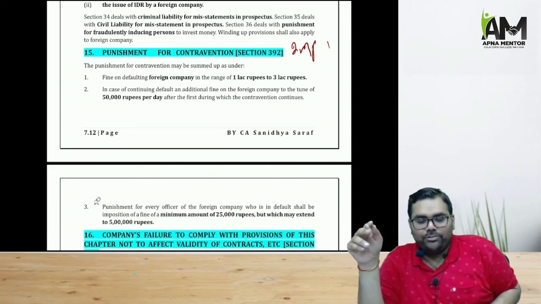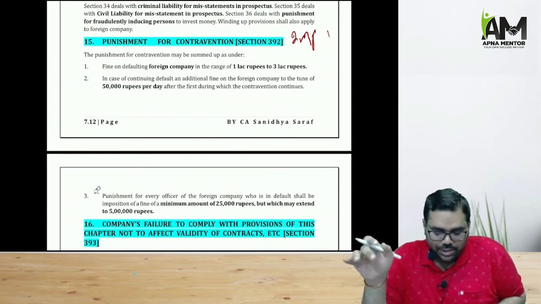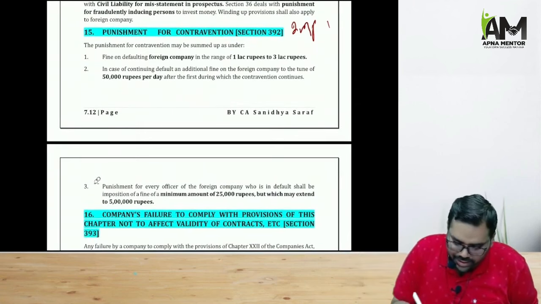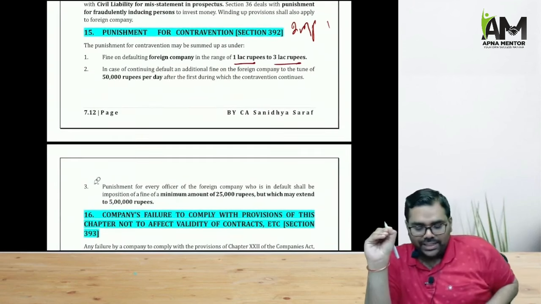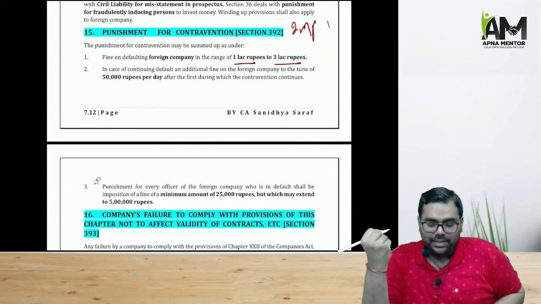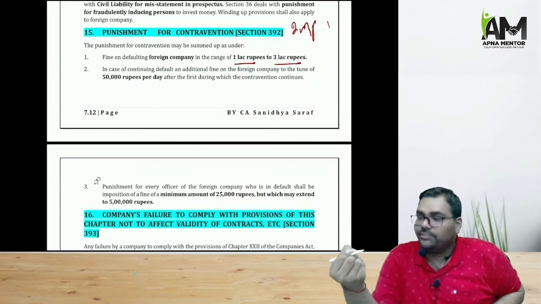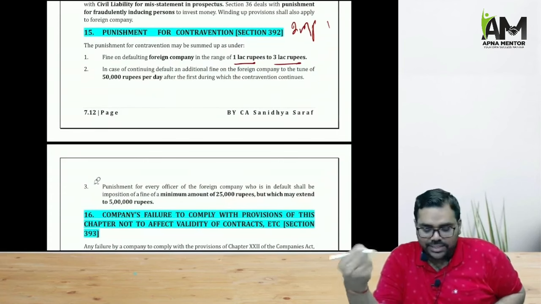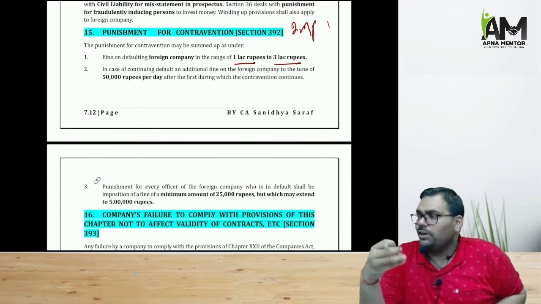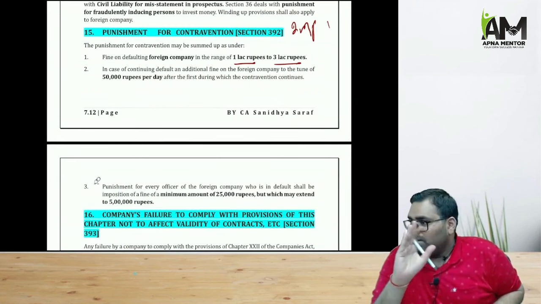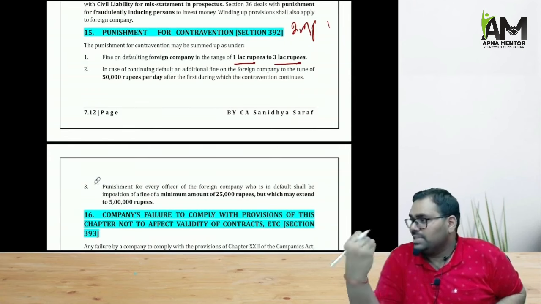So what is the punishment for contravention for foreign companies? For a foreign company, the fine is minimum 1 lakh, maximum 3 lakh. And if it's a continuing default, continuing default means, let us say some filing has to be done to the ROC. Now the filing has to be done within 6 months.